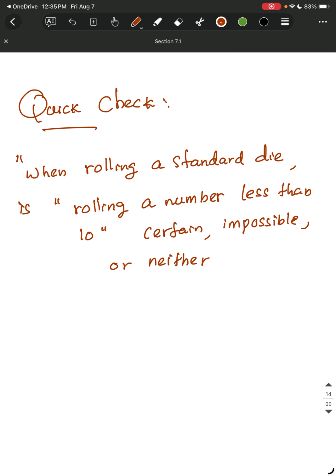The answer should be certain. Then what about rolling an 8? Impossible.